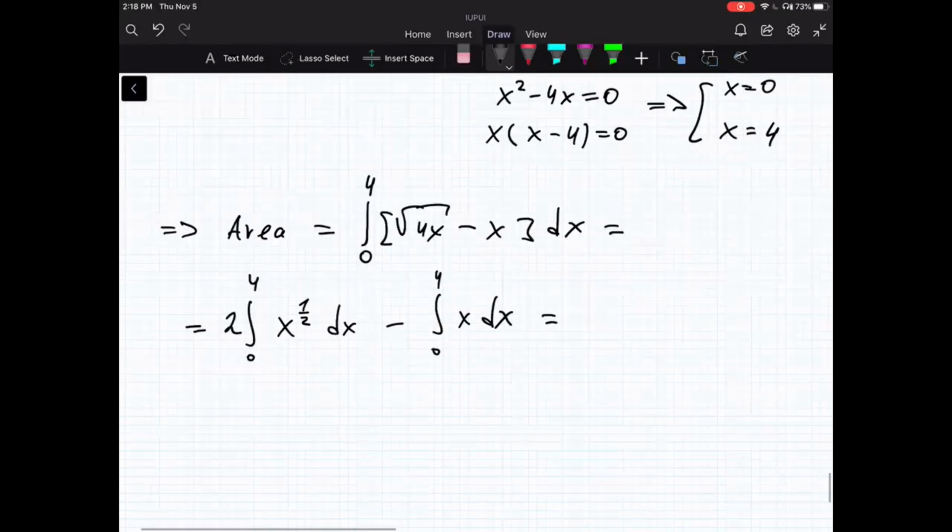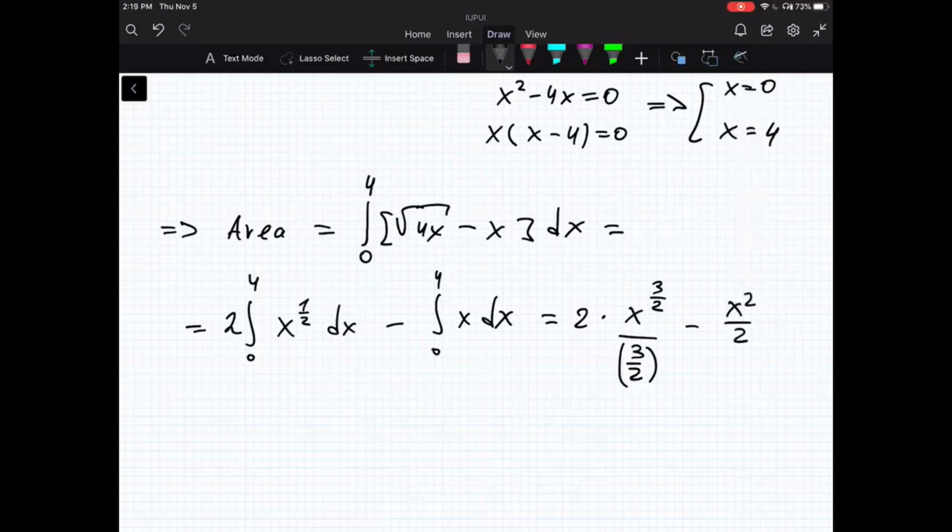And so first gives me 2 times x to the power 1/2 plus 1, which is 3/2, divided by 3/2. And minus integral of x gives me x squared over 2. And I should evaluate this from 0 to 4 and this one as well from 0 to 4.